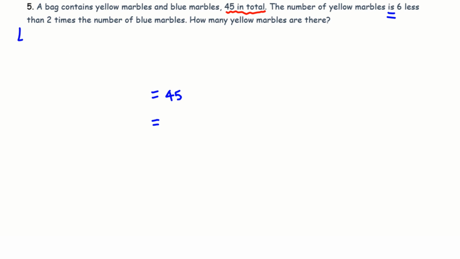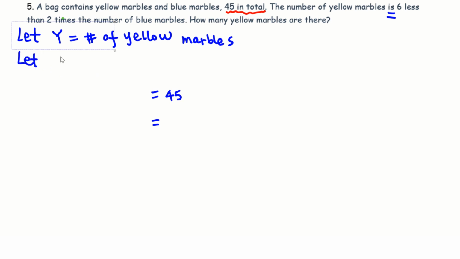So we are going to introduce variables. Let y equal the number of yellow marbles. Then we want to introduce 2 variables, so let b equal the number of blue marbles.